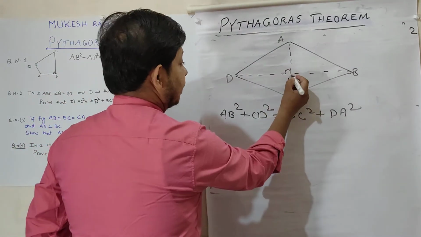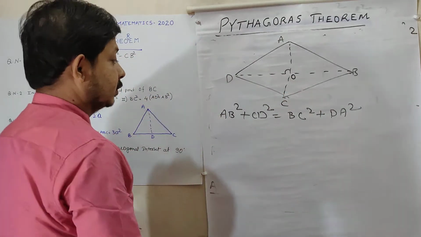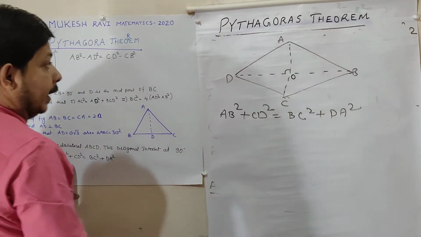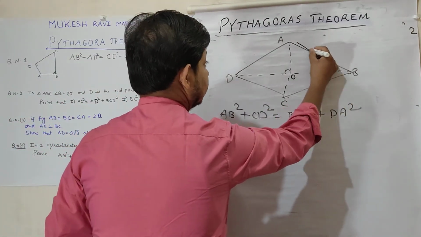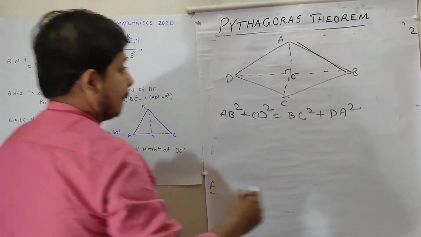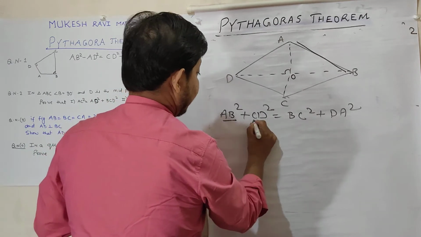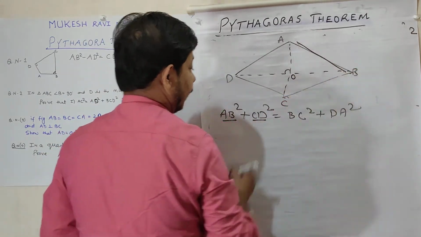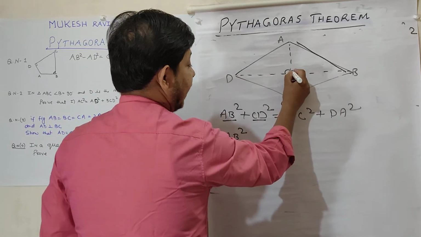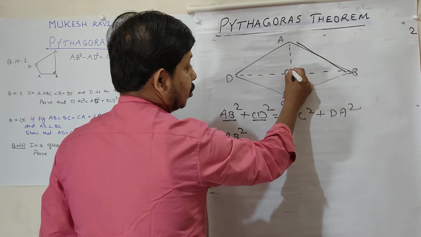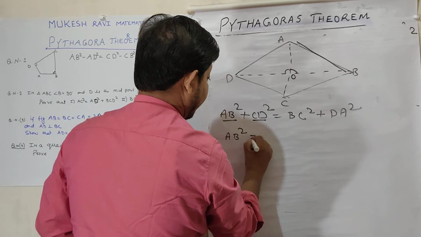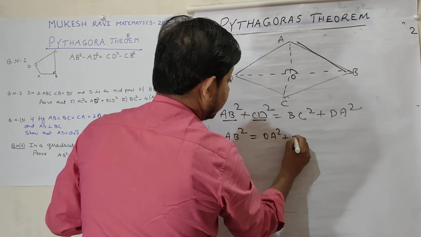If this is 90 degree, suppose this is O. So AB square, if the diagonals intersect at 90 degree, this is also 90 degree. So AB square is equal to OA square plus OB square.